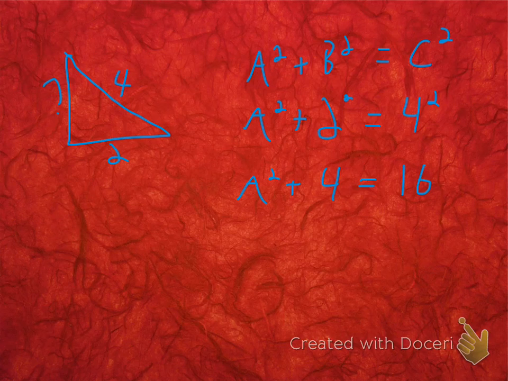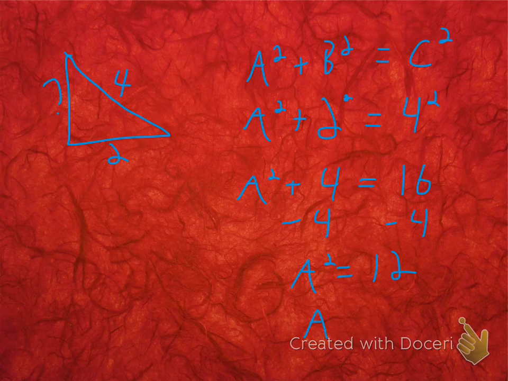We just covered algebra, so you should know the rules here. What should I do next? We want to take away that 4. We want to get our variable, which is A in this case, by itself. To do that, we subtract 4 from both sides. And you get A squared equals 12.